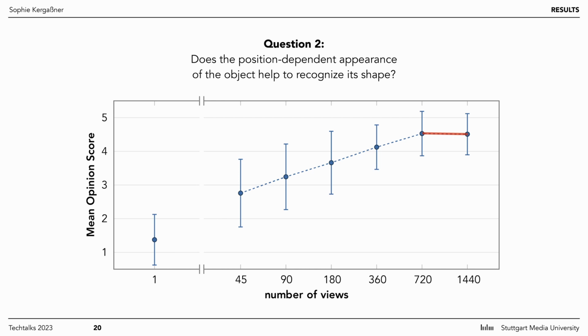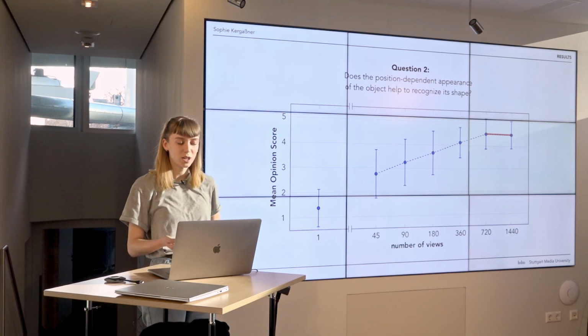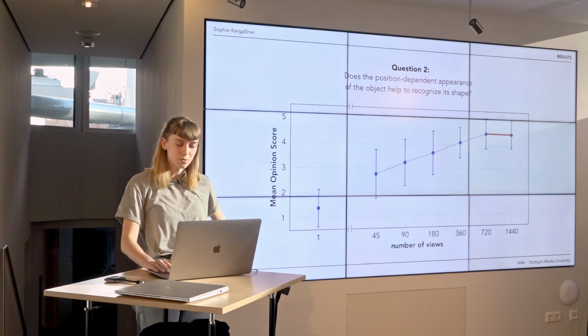And this indicates that the participants might not have recognized the difference between these two because they rated it the same. But that's weird because objectively the higher number of views offers less artifacts and therefore more information about the shape, but the ratings were the same, so probably the probands didn't even see a difference between them. This gets interesting in the next question, so remember that.